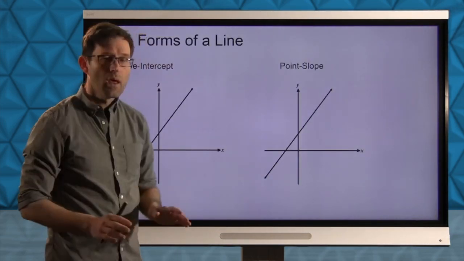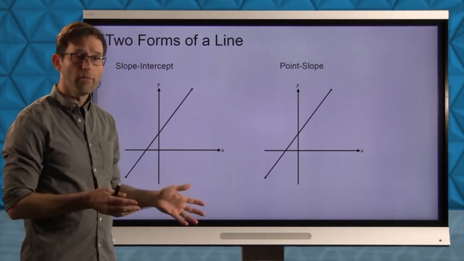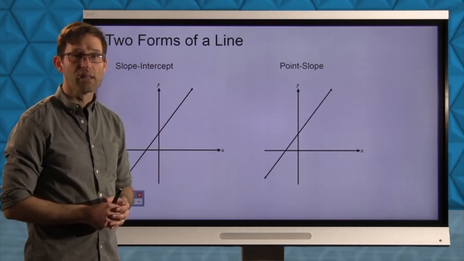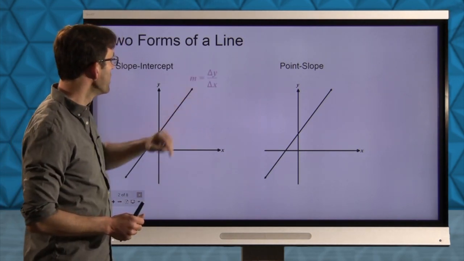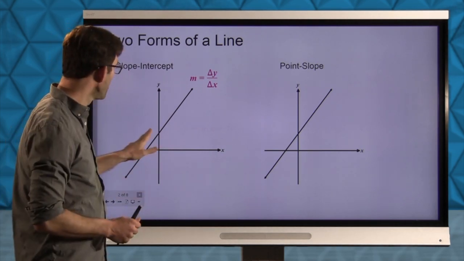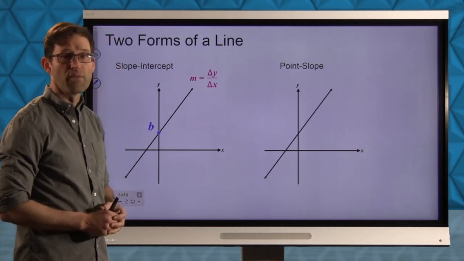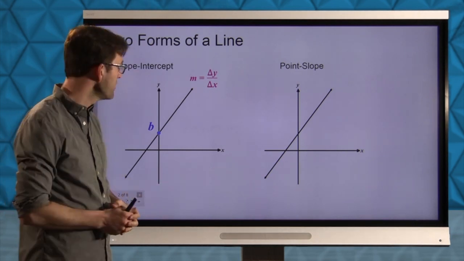All right. There are two primary forms of a line. One of them, which we reviewed in the last lesson, was the slope-intercept form. The idea was that you had the slope of a line, the change in y over the change in x. You had the y-intercept of the line, which for some inexplicable reason we use the letter b to represent.